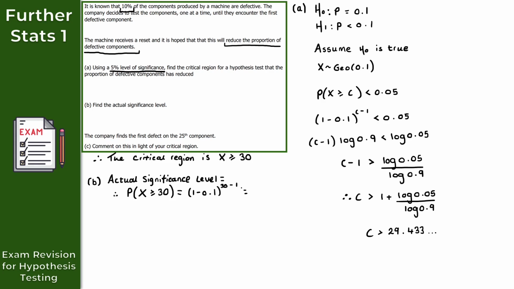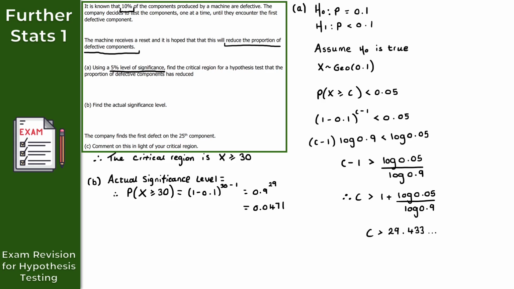Okay, which if we simplify here, this gives us 0.9 to the power of 29. Okay, so clearly to evaluate this, you need to use your calculator. And if you do this correctly, then what you should find here is you get 0.0471. Okay, so that gives the solution to part B.